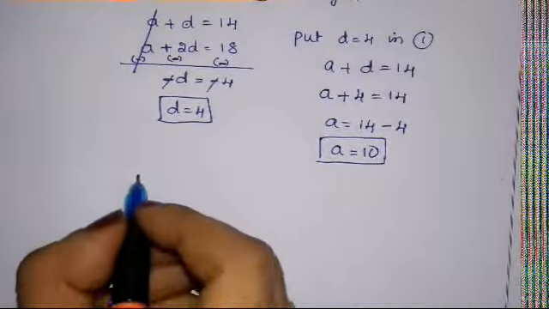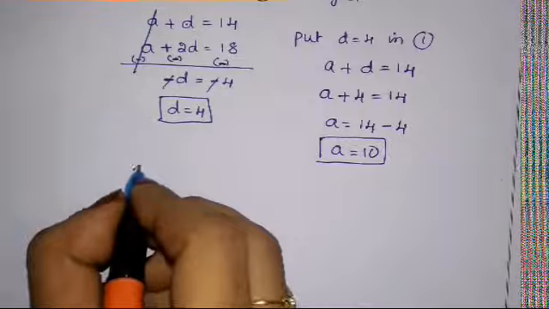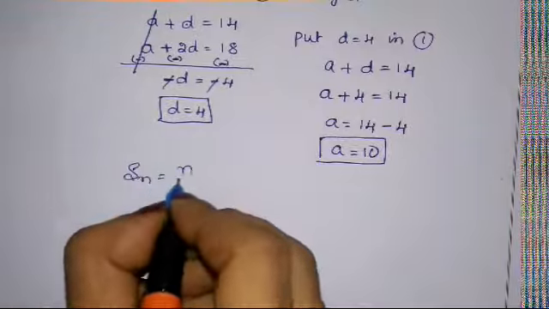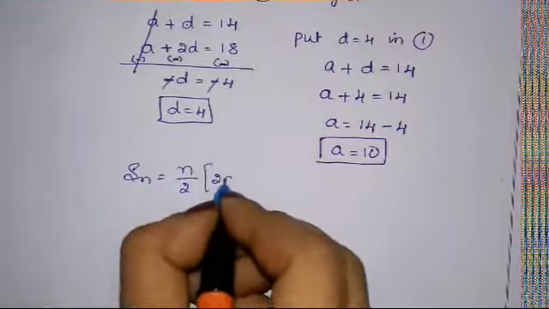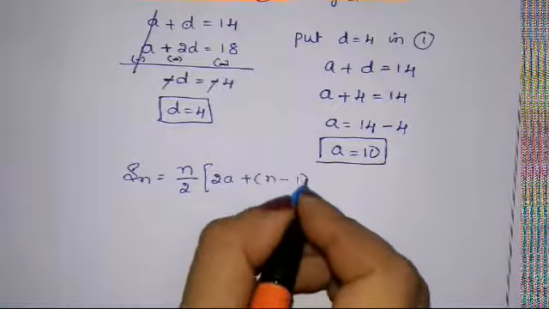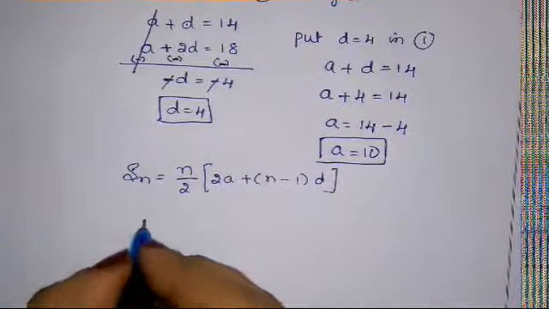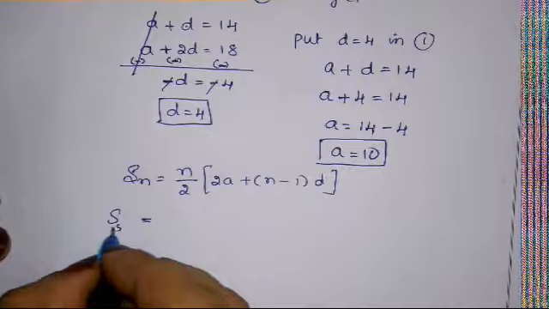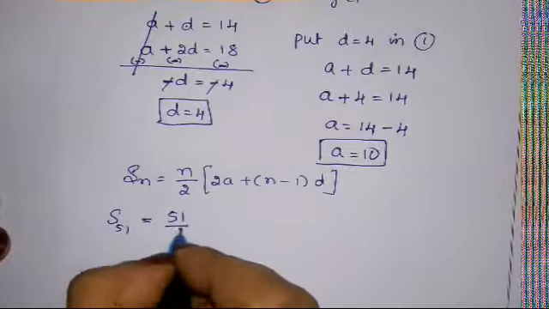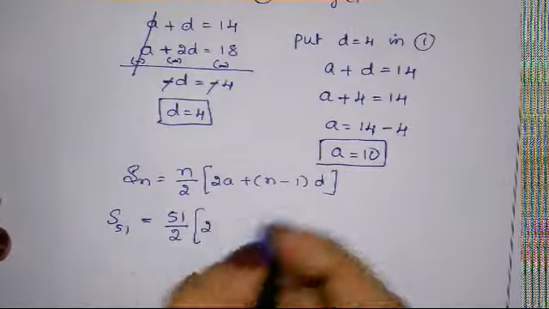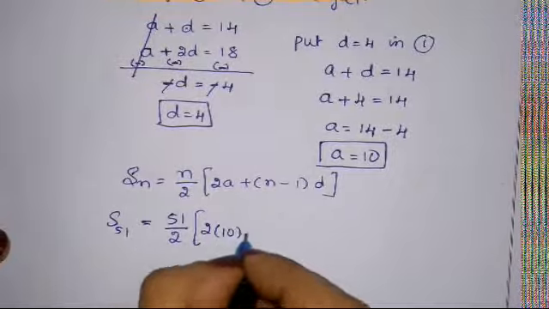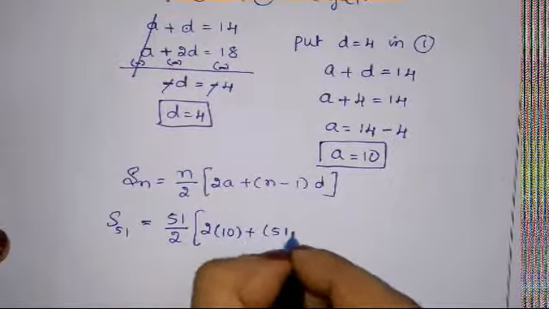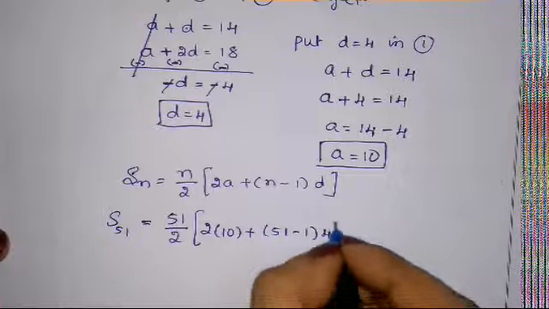So what we have to find? S51. Sn is equal to n by 2, 2A plus n minus 1 D. This is the formula. So here S51, they have told 51 by 2, 2A, A is 10, plus 51 minus 1, D value is 4.